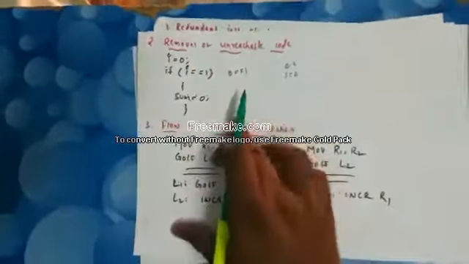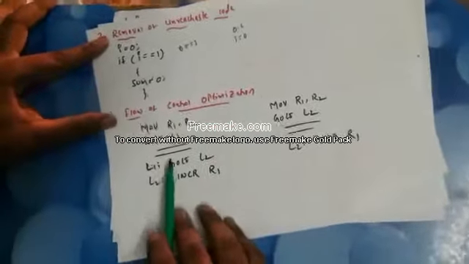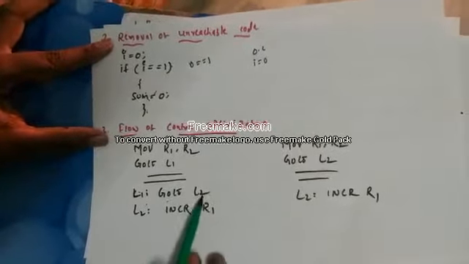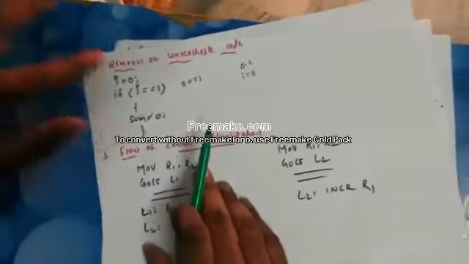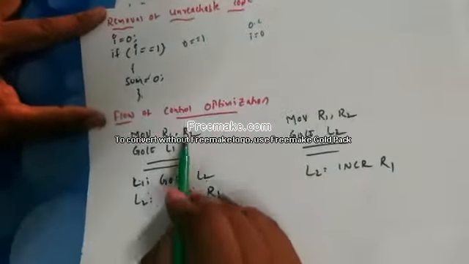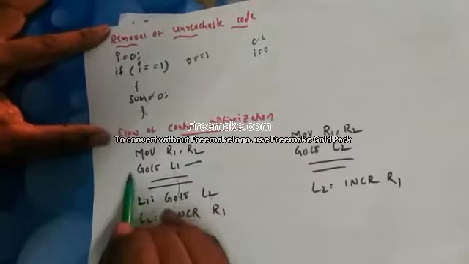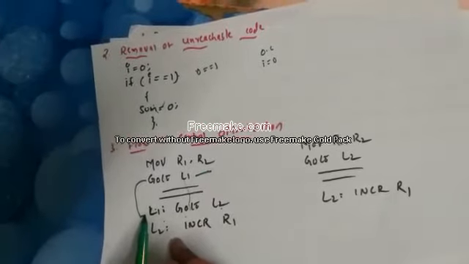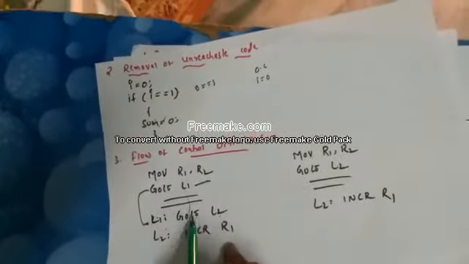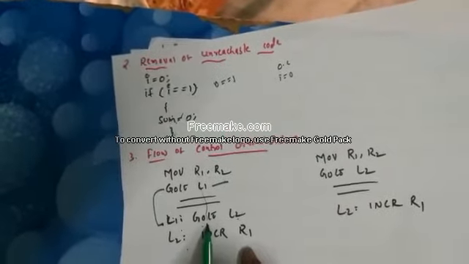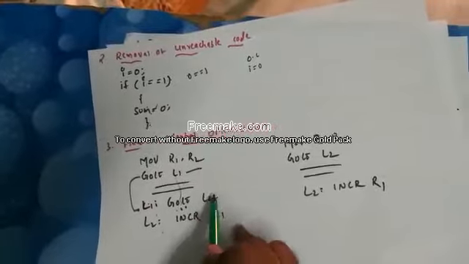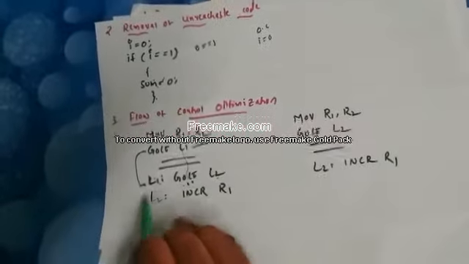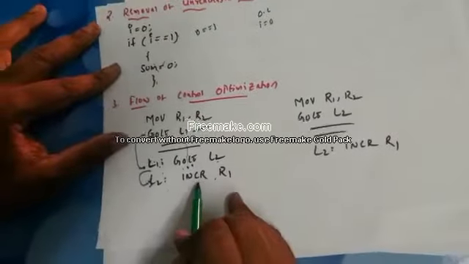For example: move R1, R2, go to L1, L1: go to L2, L2: increment R1. Here go to L1 means the control jumps to L1, and without performing any operation, L1 says go to L2, and then the increment R1 operation is performed.